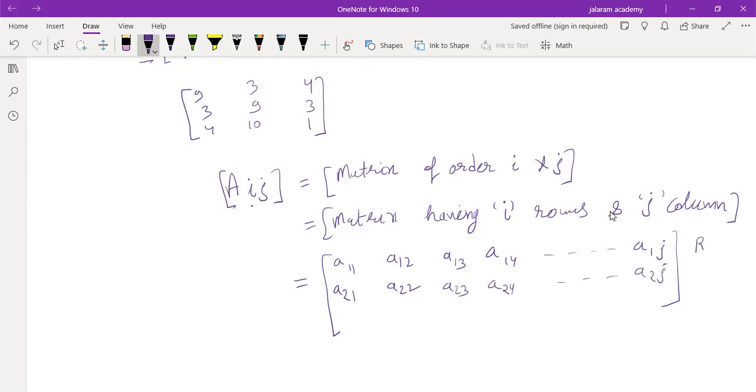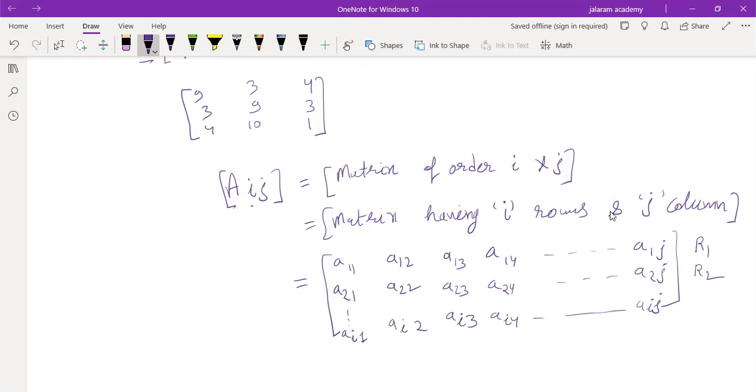This is first row denoted by R1. This is second row denoted by R2, and so on up to the last row. It is element of ith row, first column, element of ith row, second column, third column, fourth column, and so on up to element of ith row and jth column.